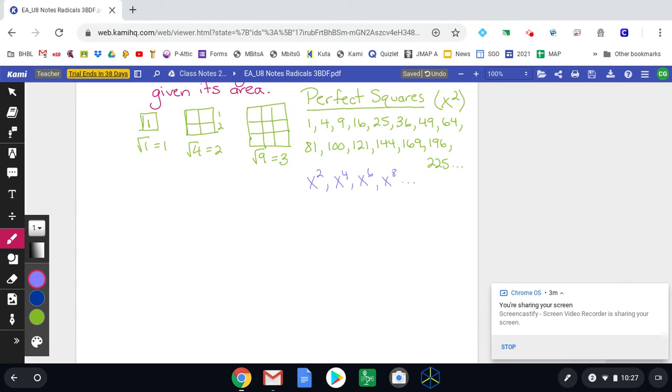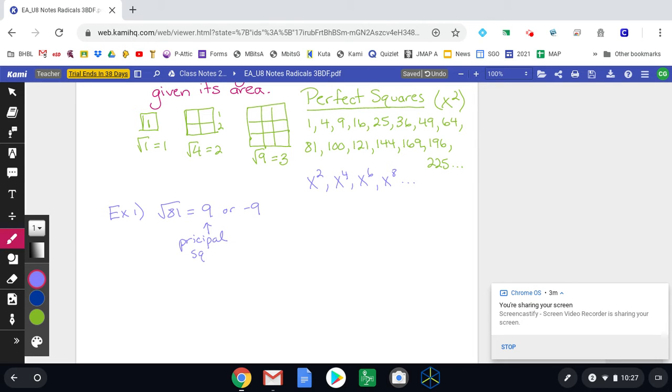So we know things like if I want to take the square root then of 81, I want to think about a square that has 81 squares in it. That has to be a 9 by 9. So my square root of 81 is 9. Now, technically in the math world, we also have a negative 9. We're going to refer to this one, though, as our principal square root.